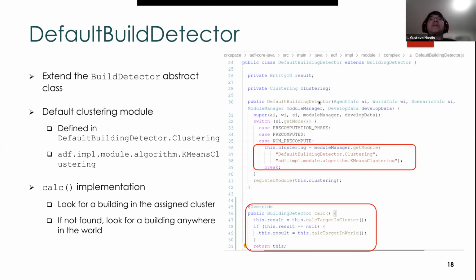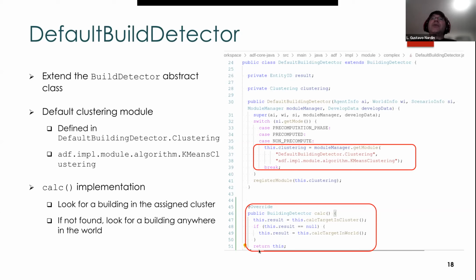And as you can see, it does have a constructor, and inside the constructor, it does have a call to a module manager to get some module, like this default building detector clustering that we will see later. It will try to find this label in the configuration file. If it does not find it, then it will use the default k-means clustering as the clustering mechanism for this building detector.